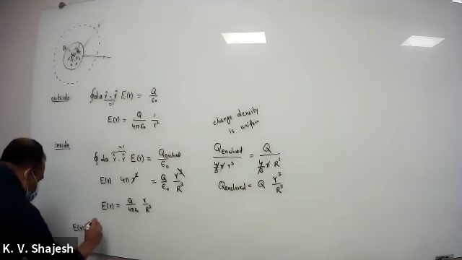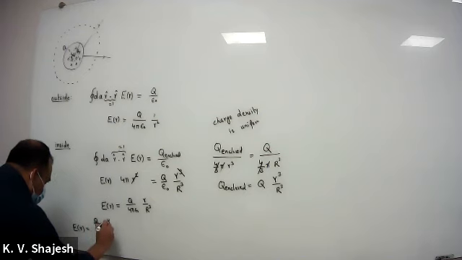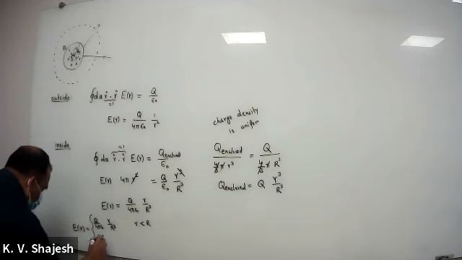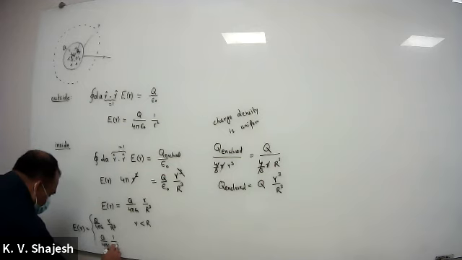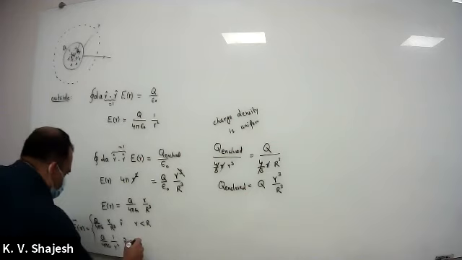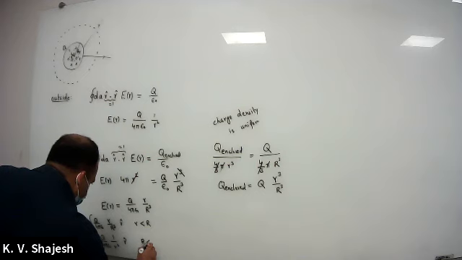It is Q over 4 pi epsilon naught times r over R cubed, which linearly increases, for r less than R. And it is Q over 4 pi epsilon naught, 1 over r squared, with a direction r hat, for r greater than R.